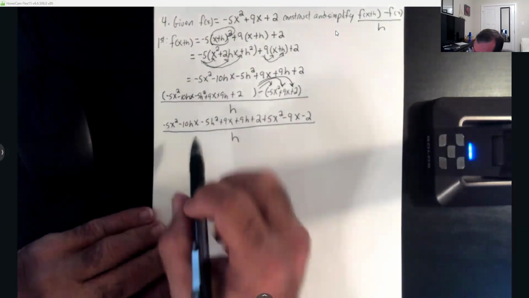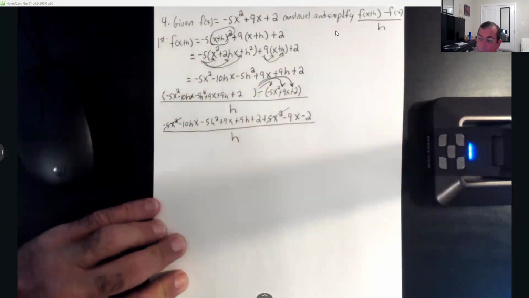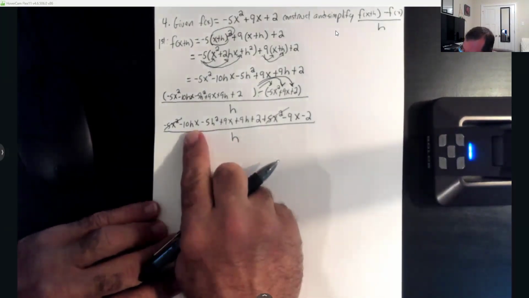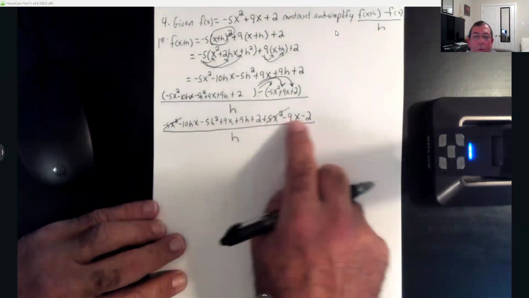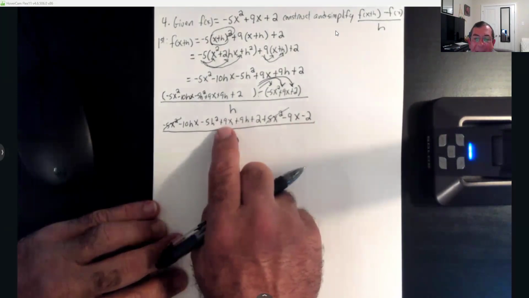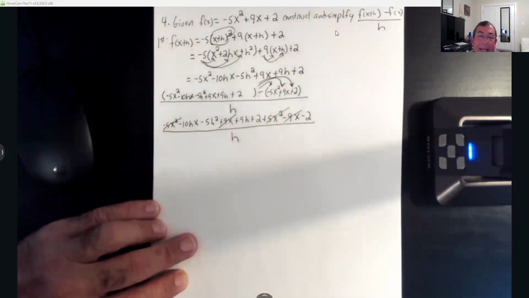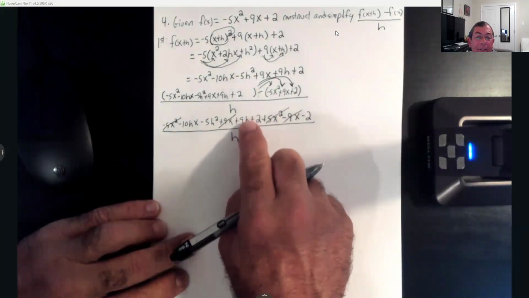So here we go. Negative 5x squared, positive 5x squared. Those cancel. Nothing will cancel the 10hx's. Nothing will cancel the h squareds. But this 9x cancels with the negative 9x. There's nothing to cancel a 9h.